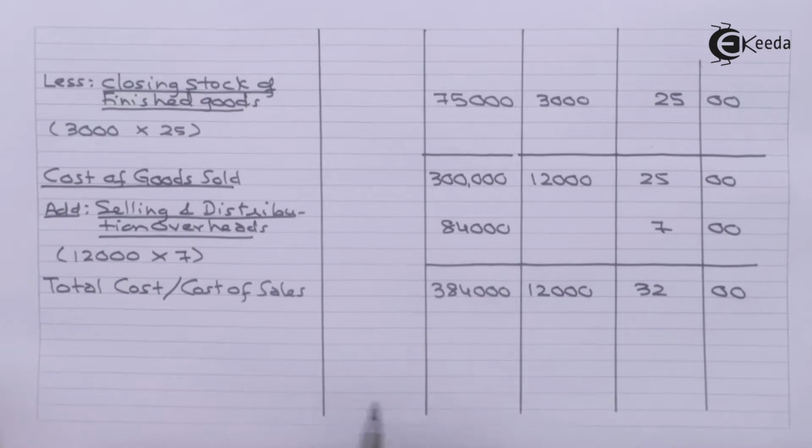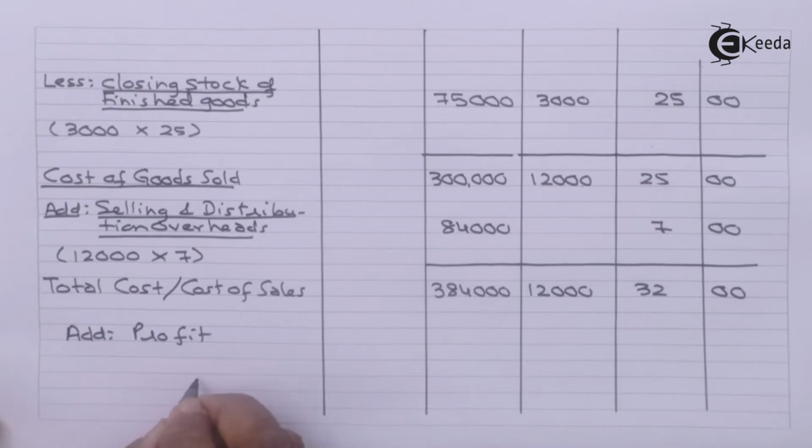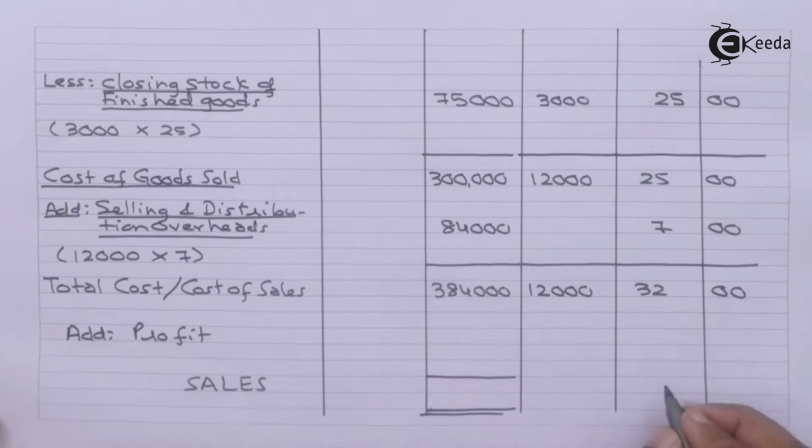So total cost is rupees 32 per unit. To this we are required to add profit. Finally we can arrive at sales. Now sales here we are required to take as per financial book.